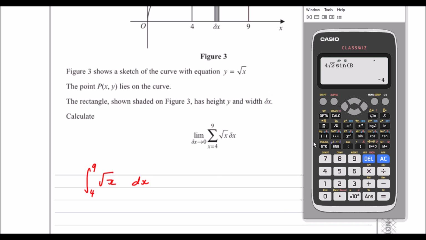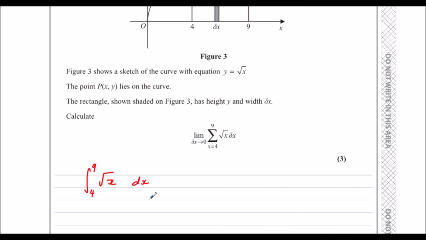If you're using one of these calculators, we've got the integration button here. So root, and we'll go with alpha x, between 4 and 9. And it's come up with 38 over 3. 38 over 3, and I've just put units squared.